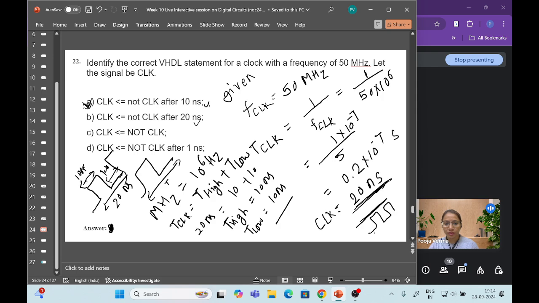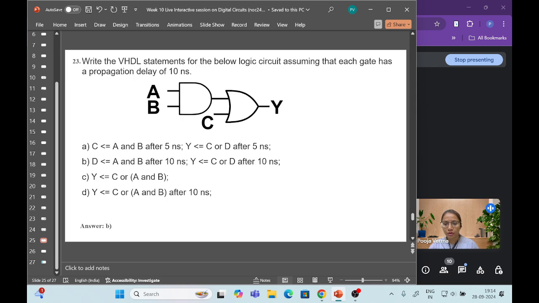So moving to the next question. Write the VHDL statement for the below logic circuit, assuming that each stage has a propagation delay of 10 nanoseconds. So what will be the VHDL code for this?